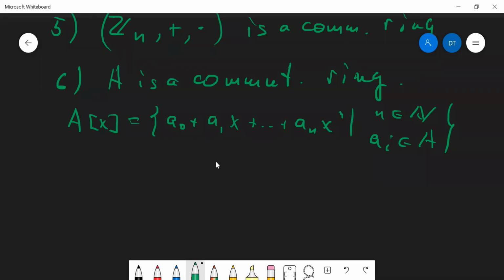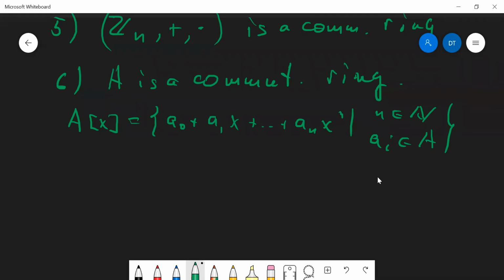Is there some way to identify the polynomial just by considering the behavior of it as a function, not by its form? No. In general, if the ring A is small, there is a difference between functions and polynomials. Different polynomials may give exactly the same functions. I'll give you an example in a second.